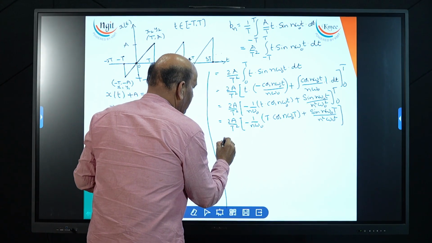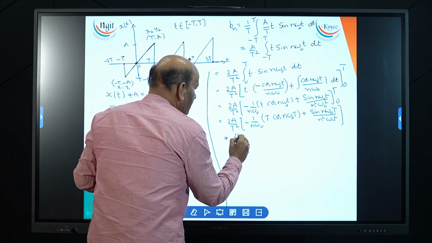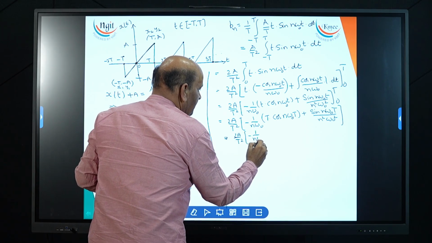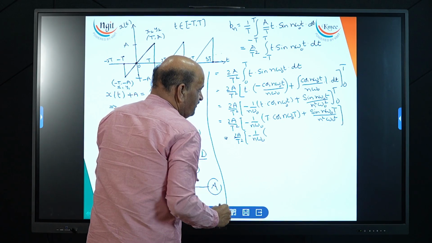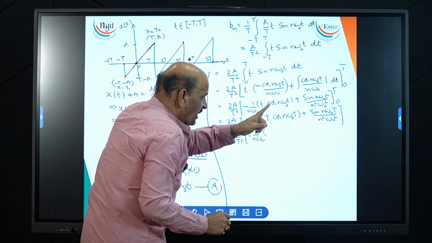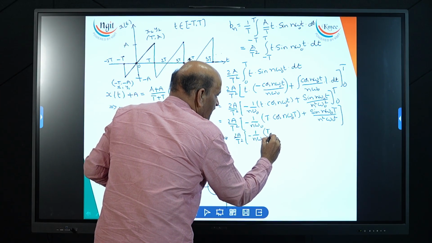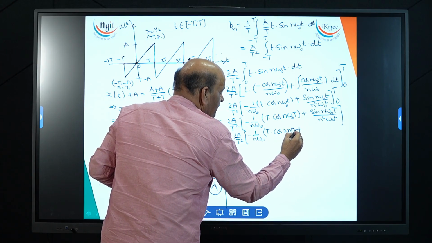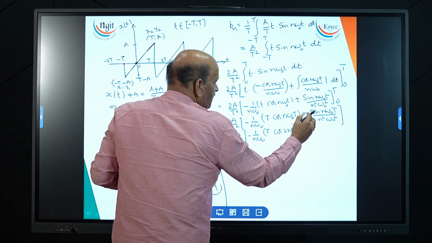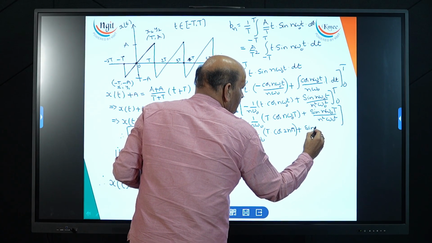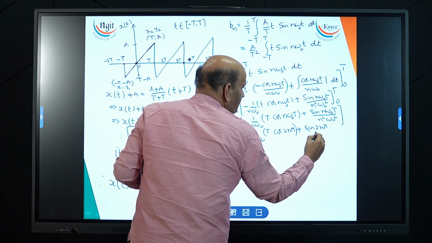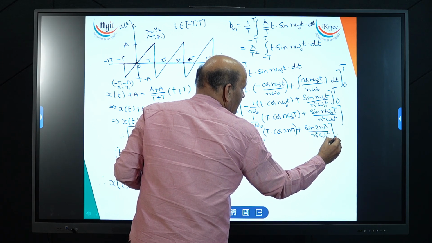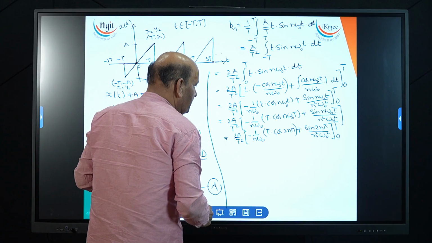Now here again we have to substitute 2a by T square into minus 1 by n omega naught, substituting omega naught equal to 2 pi by T. Therefore this becomes T into cos 2n pi plus sine 2n pi by n square omega naught square, between the limits 0 to T.